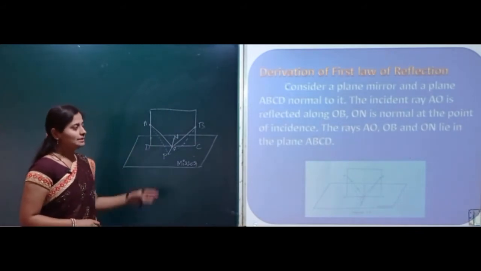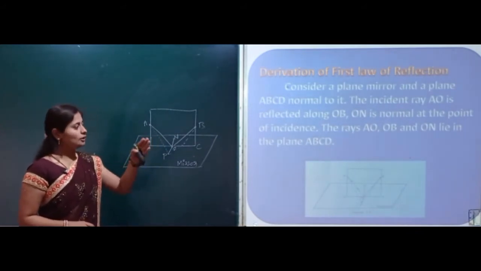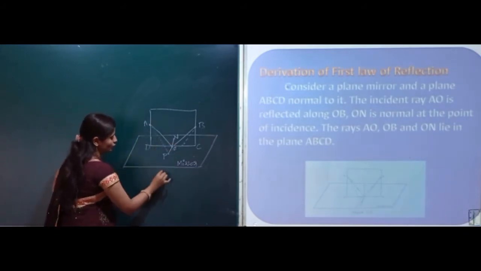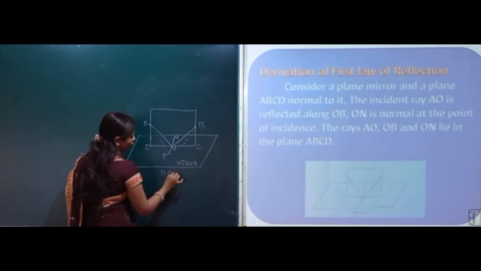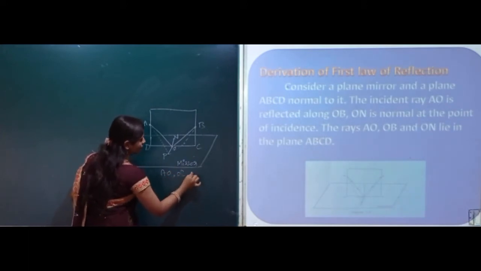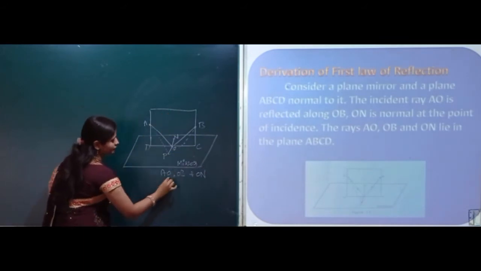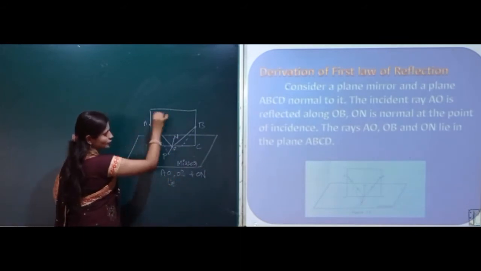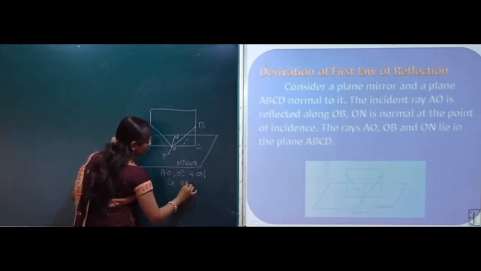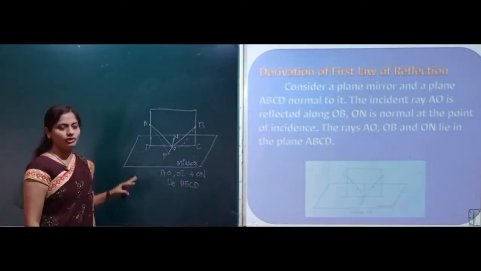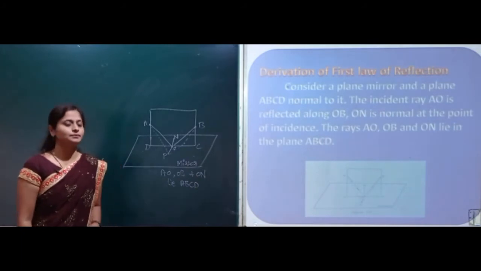Next, the rays AO, OB and ON lie in the same plane. Whatever AO, OB and ON are, all lie in the same plane, that is plane ABCD. Got it? This is the explanation of the diagram.